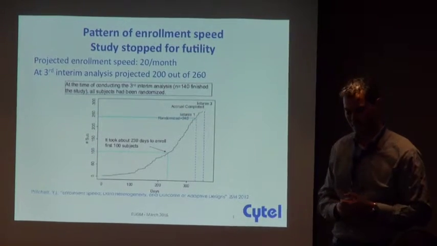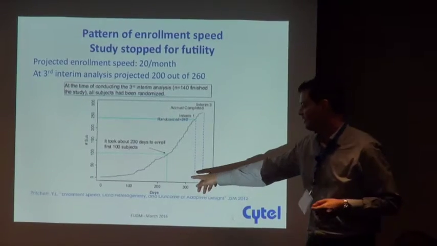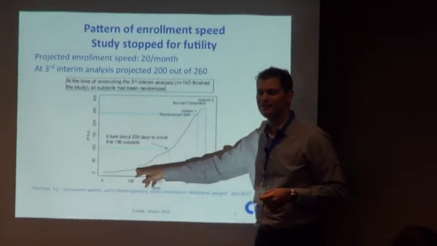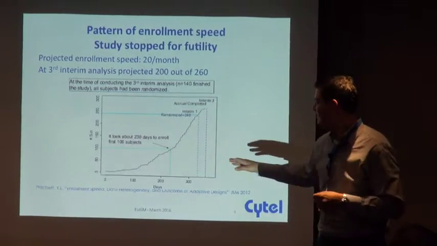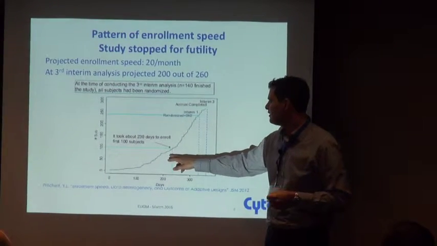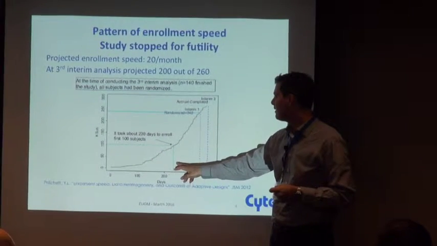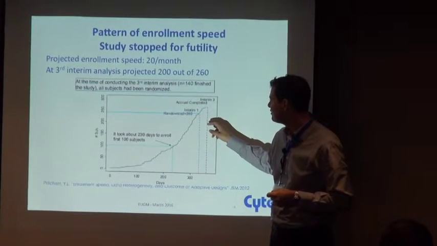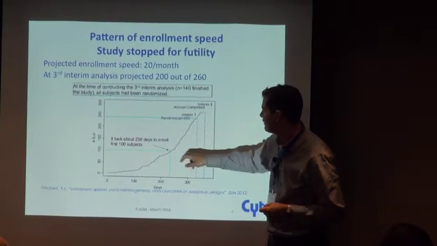Now, what actually happened is what's here, is that enrollment did not look linear or whatever they assumed, right? It crept up. They took about 230 days to get 100 subjects. They were at 240. So 230.